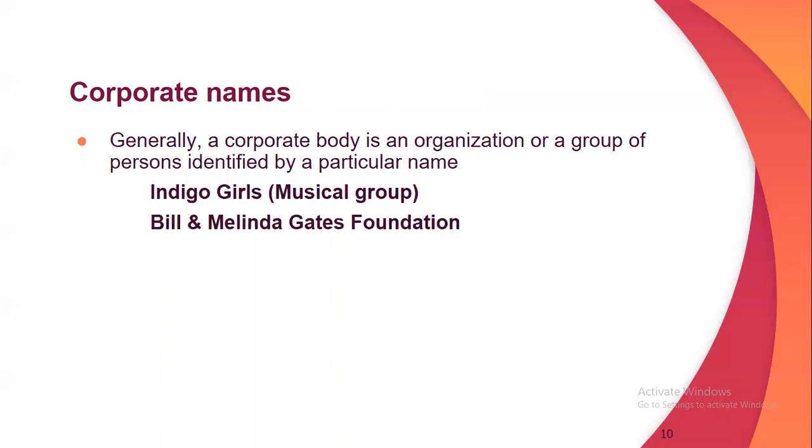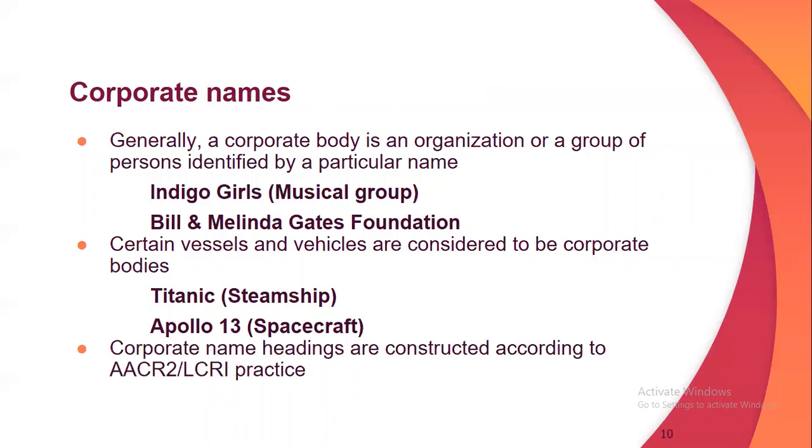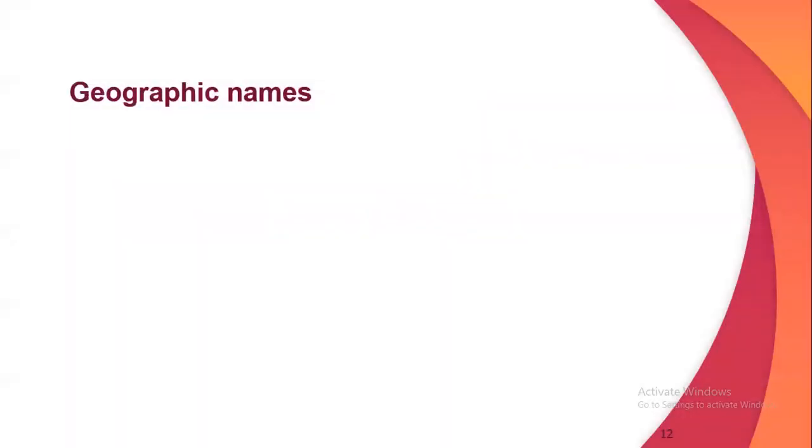Next is Bill and Melinda Gates Foundation. That is a corporate name. Certain vessels and vehicles are considered to be corporate bodies. The Titanic, the steamship. Apollo 13, the spacecraft. Corporate name headings are constructed according to AACR2 and LCRI practice.